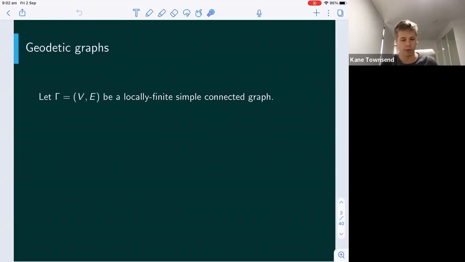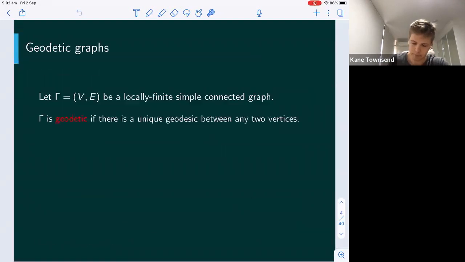Just as an overview, I'm going to introduce what a geodetic graph is. Our graph is going to be a locally finite simple connected graph, so nothing too strange going on there. We'll say gamma is geodetic if there is a unique geodesic between any two vertices.